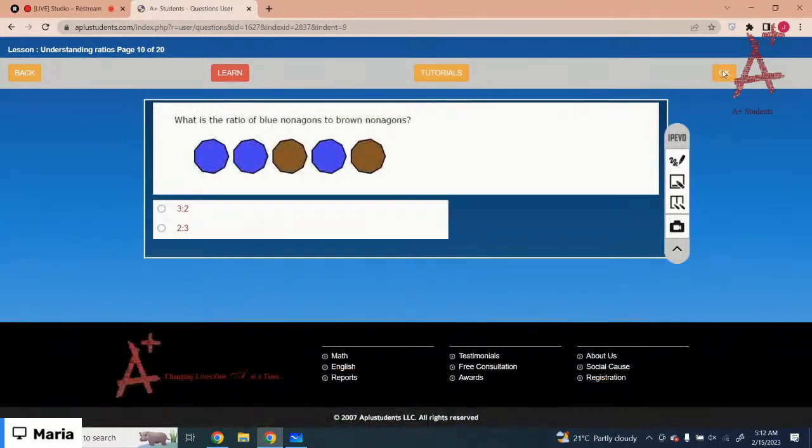Okay, the next one is: what is the ratio of blue nanograms to brown nanograms? So which is the correct option?